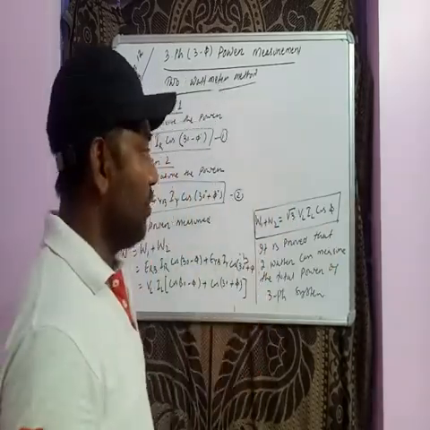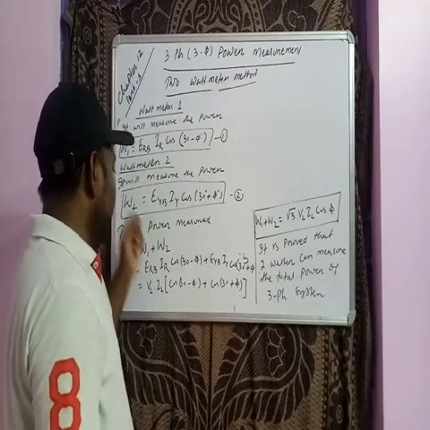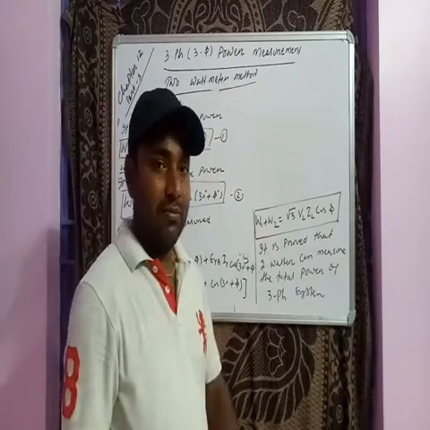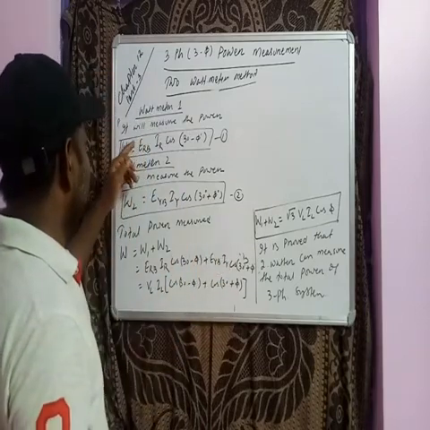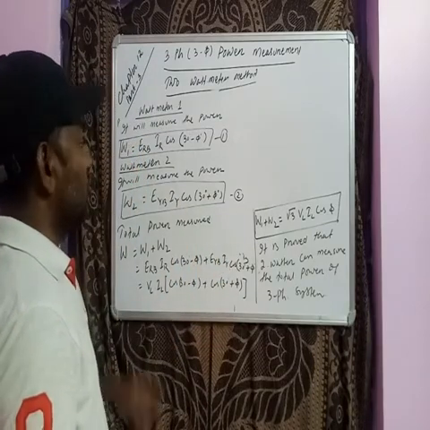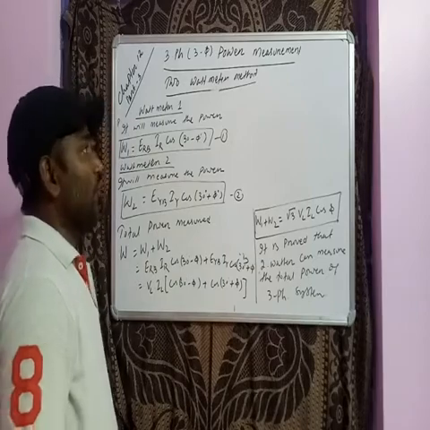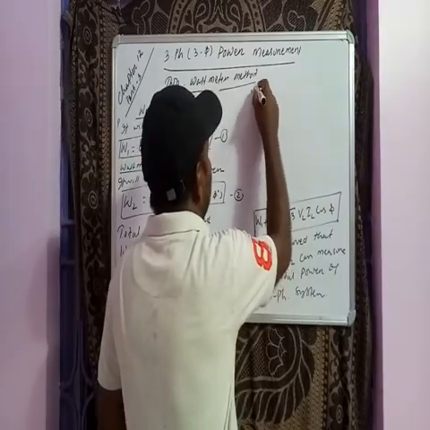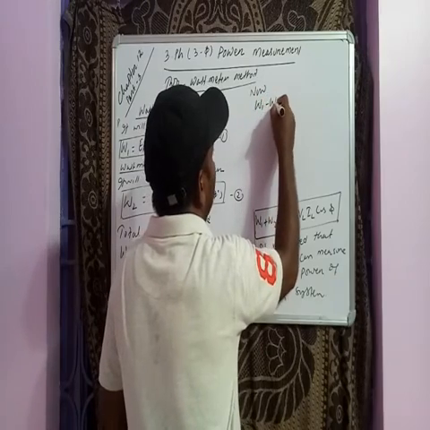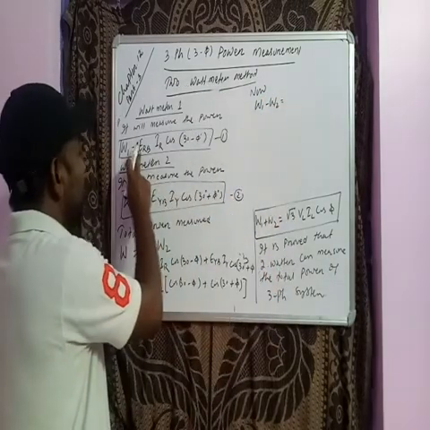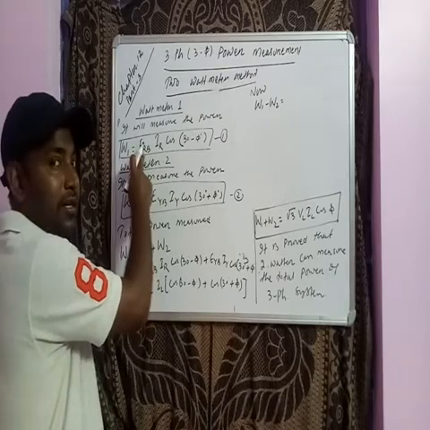W1 plus W2 is equal to this one. We will add these two, we will get this. Similarly, if we go for W1 minus W2, then what will we get? Let us see. W1 minus W2. So W1 is ERB into IR, ERB what?